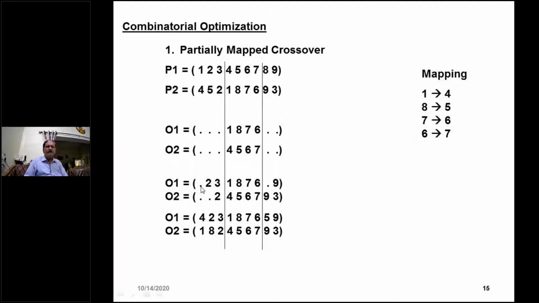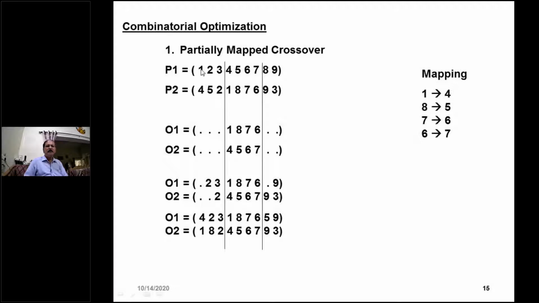Similarly, for the second offspring, 4, 5, 6, 7 is within these bounds. Now 2, 9, 3 are not appearing within these lines, so they are placed as they are, and the other points we have not placed so far. Now for the first offspring, look at this vacant position.